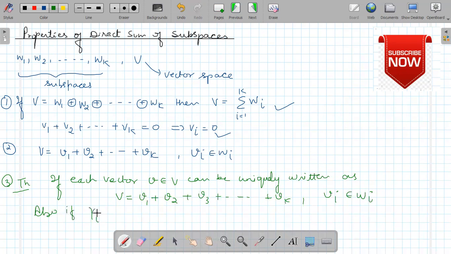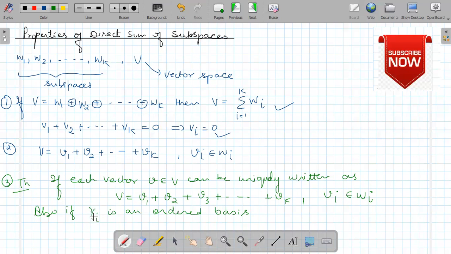suppose gamma i is an ordered basis, do you understand what ordered basis means? An ordered basis is a set of vectors that spans the vector space as well as is linearly independent. So gamma i is a collection of vectors which spans the subspace Wi.